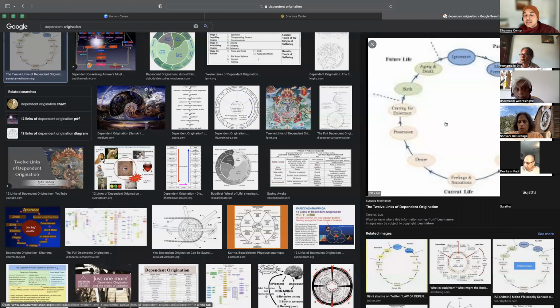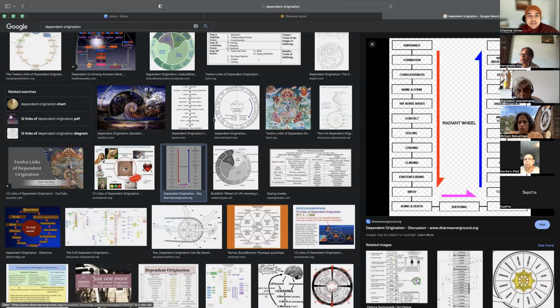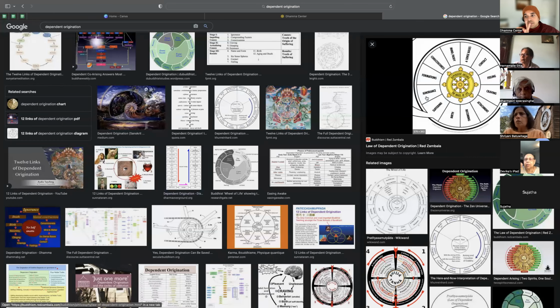Hence, because of avidya and tanha, this cycle takes place. Ignorance is there and tanha is elsewhere.